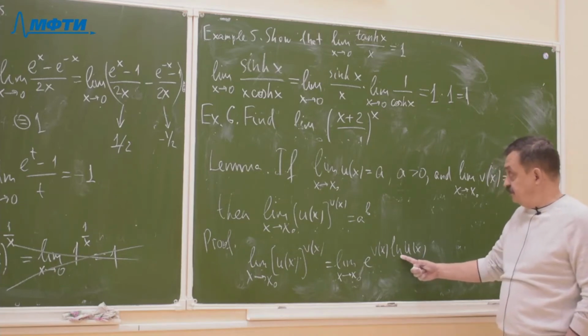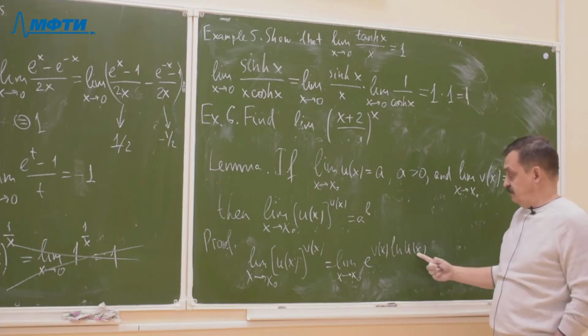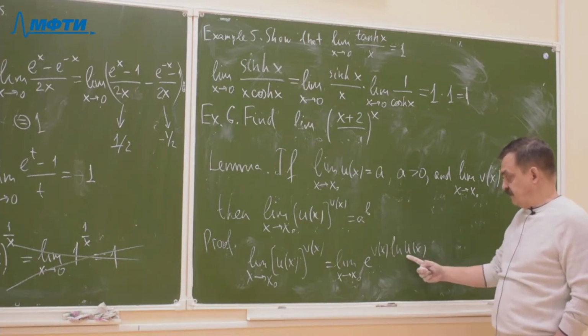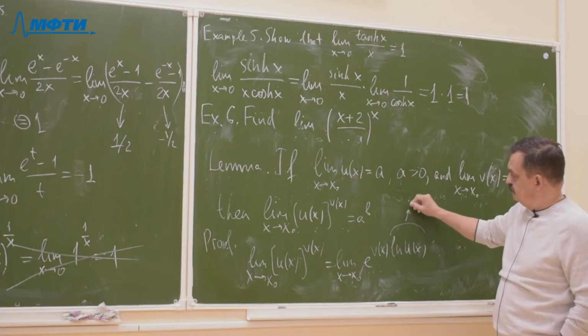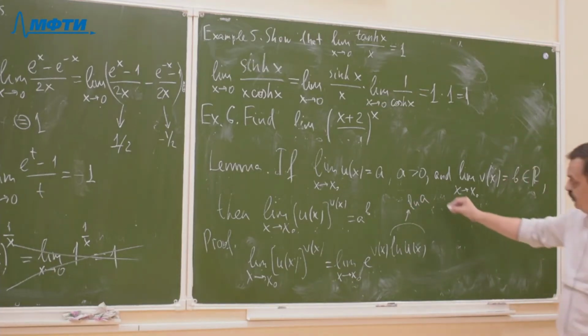Now, logarithm is continuous. If u of x tends to a, which is positive, then the logarithm of u of x tends to the logarithm of a, a real number.